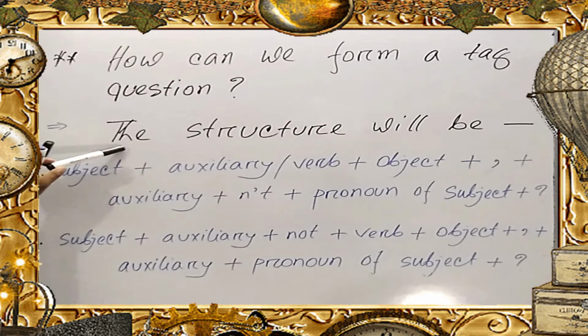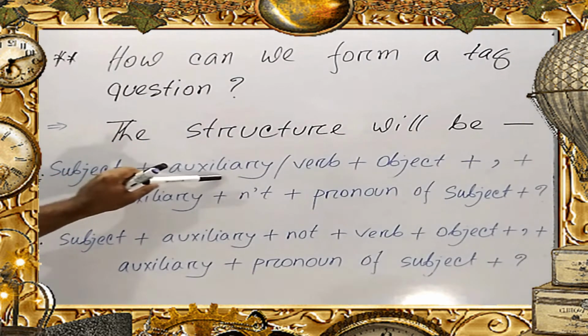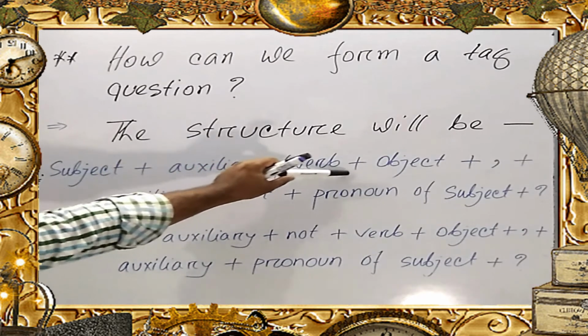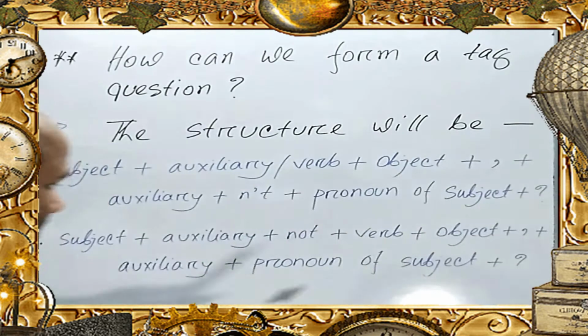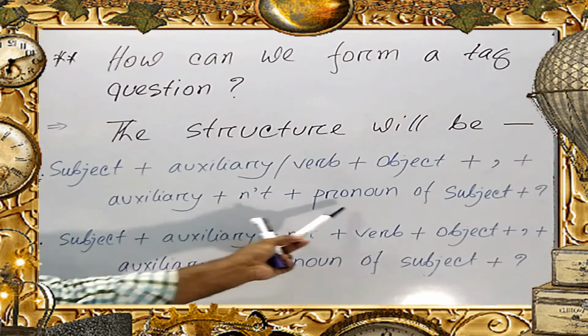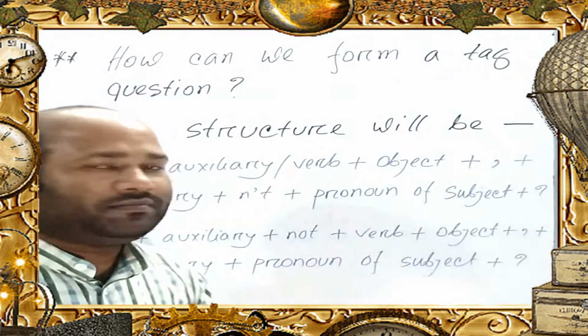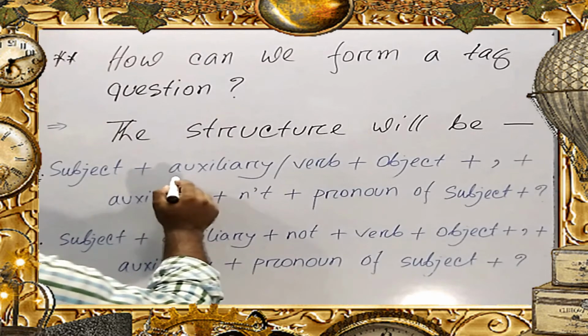Let's check out. The structure number one will be: subject plus auxiliary or verb plus object plus comma plus auxiliary plus n't plus pronoun of subject plus question mark. So you can see auxiliary or verb.